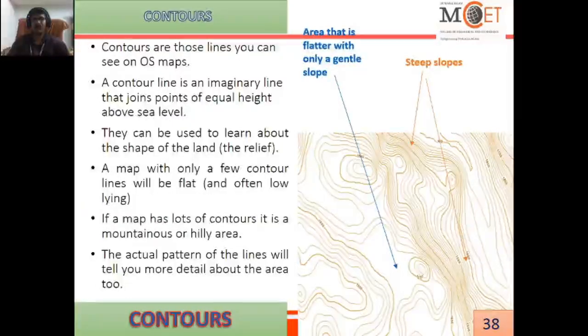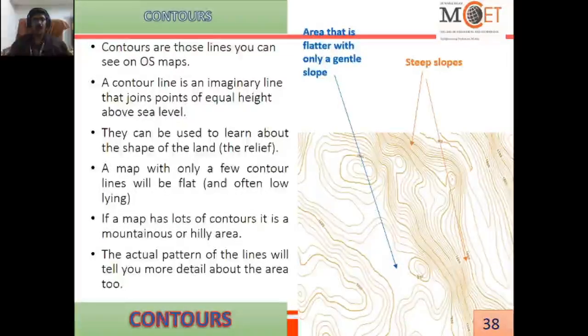A map with only a few contour lines represents flat, and often low-lying, normal terrain, right? If a map has lots of contours, it is mountainous or hilly terrain. You can see here, the actual pattern of lines will tell you more detail about the area too.